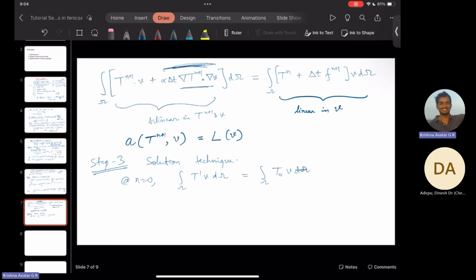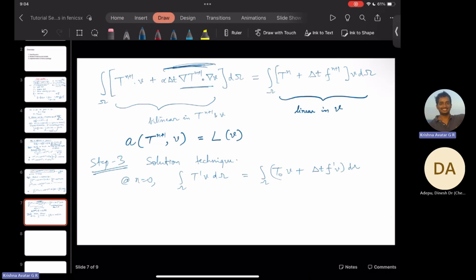Or we can even have some forcing function, f1 into v. This is how we'll set up the problem. This is at n is equal to 0.